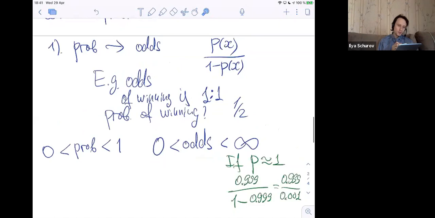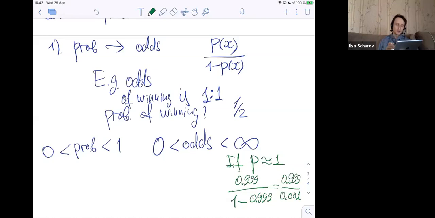Okay, mathematically odds are like this. So now you see that we shifted from this segment from 0 to 1 to this large array from 0 to infinity. So this is our first step.